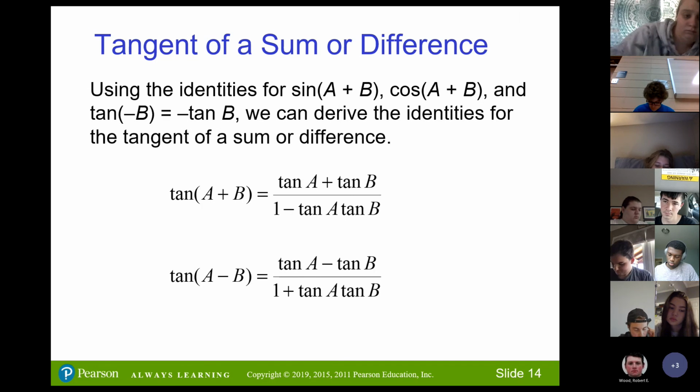So let's go with the sine of 75 degrees. A will be the sine of 75 degrees. That's a test question. The tangent of 7 pi over 12.